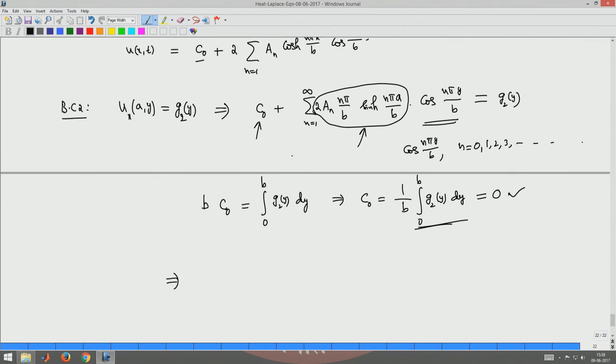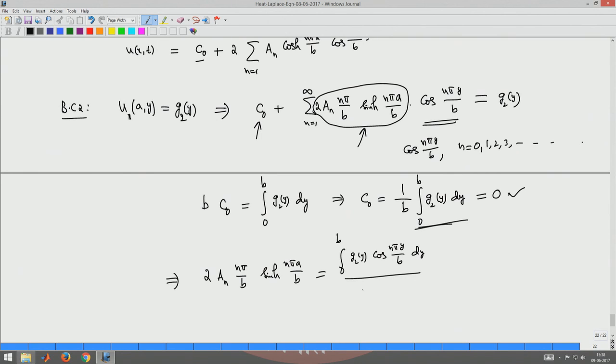If you apply cos n pi y by b, n from 1, 2, 3 onwards, you get 2 n pi by b sine hyperbolic n pi a by b equal to the integral from 0 to b of G2 of y cos n pi y by b dy divided by cos square.